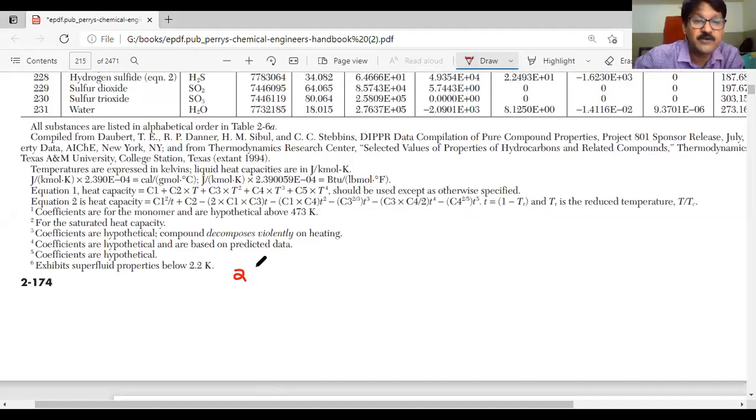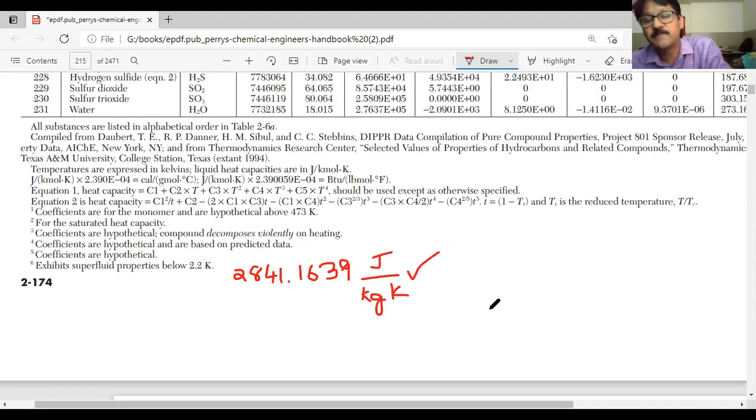What are you getting? 2841, are all of you getting 2841? 2841.1639. Please respond. See here, the unit is joules per kg Kelvin. This is sufficient, this is the unit I wanted. Everyone is getting the value after the calculation.